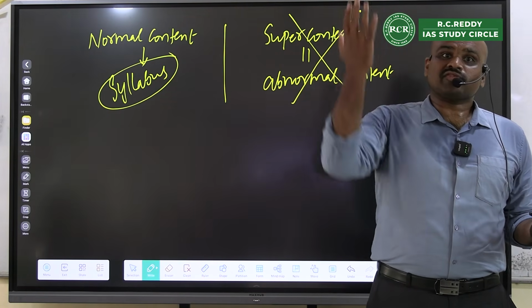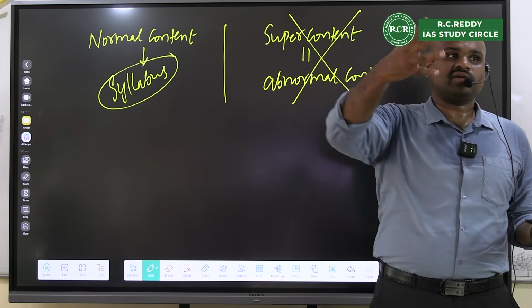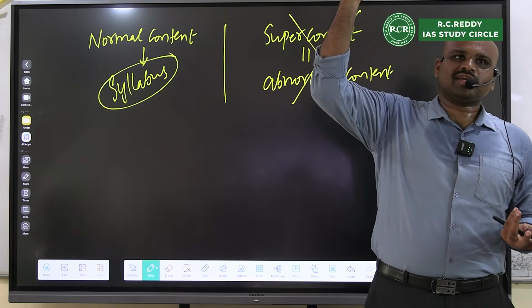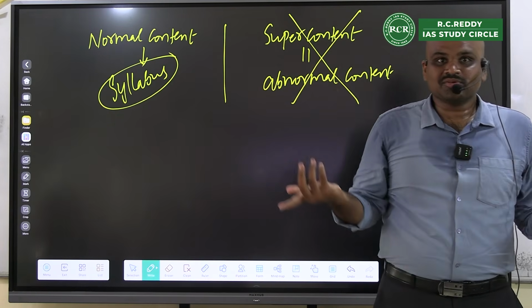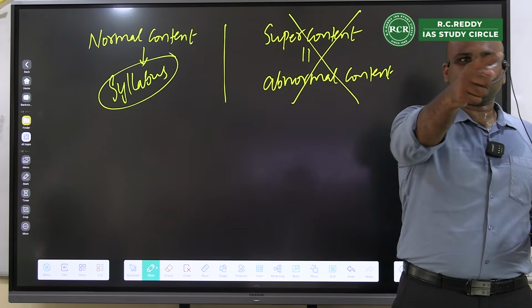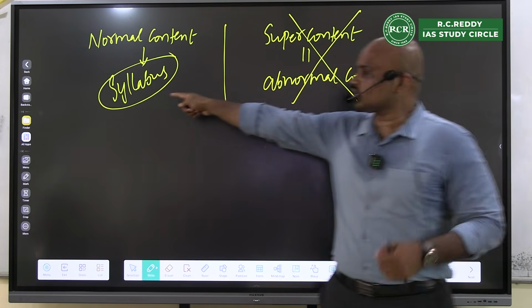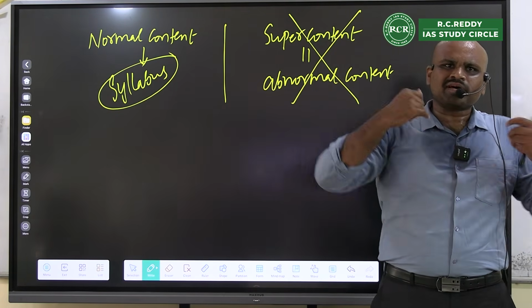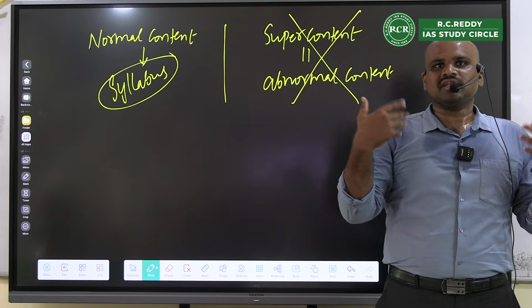He might have been part of the Constituent Assembly and now he is evaluating your paper. Maybe he was a freedom fighter evaluating your history paper. Who knows? The only document which is common between us and the examiner is what, my dear? Syllabus. And for as many words as I use from the syllabus, I get that many marks.